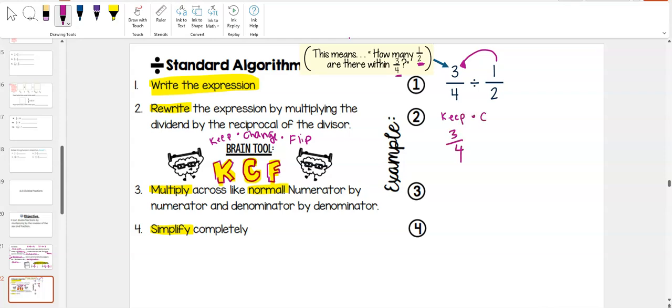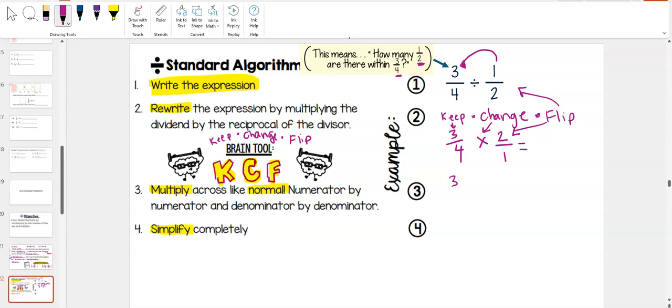We're going to change the sign to multiplication. And then we're going to flip the second number upside down. We're going to do the reciprocal of the second fraction. So it becomes 2/1. That's it. Keep, change, flip. Changing that sign, flipping that second number, keeping the first number.